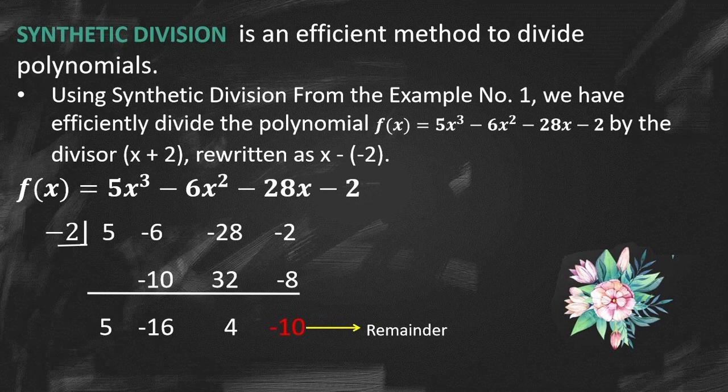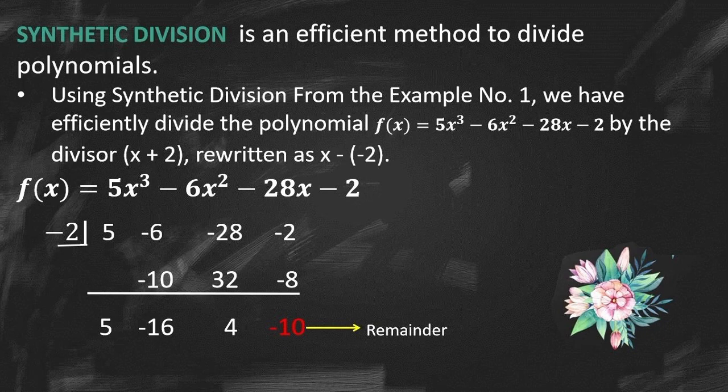Our result we write under the next coefficient, which is negative 6. So under that we write negative 10, the result of multiplying 5 and negative 2. Negative 6 plus negative 10 is negative 16. Repeat the process by multiplying negative 16 by our divisor, which gives positive 32.